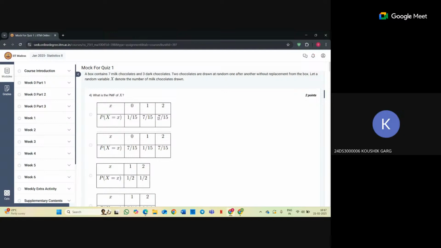And for probability of x equals to 1, it is 7/10 multiplied by 3/9 because it is without replacement, plus 7/10 into 3/9. So it will be 42/90, so it will be 7/15. And for x equals to 2, it will be 7/10 multiplied by 6/9. So it will be 7/15.